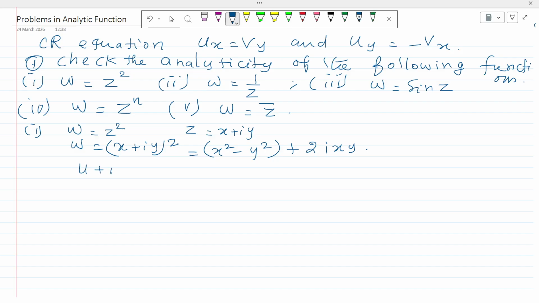So this can be written as u plus iv. This is x square minus y square plus i into 2xy. So u equal to x square minus y square, v equal to 2xy.